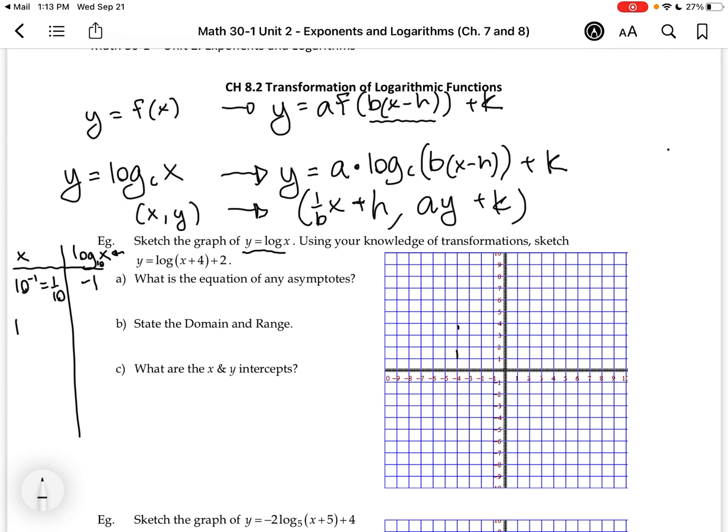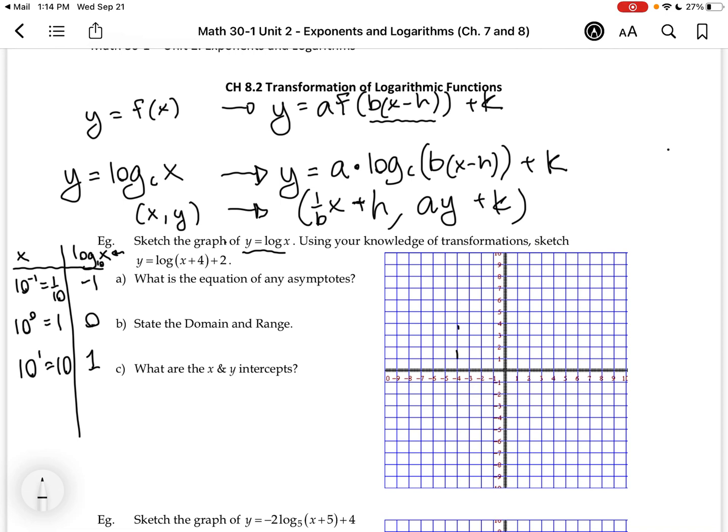If I put in 10 to the 0, which is equal to 1, I'm saying 10 to the what equals 10 to the 0. That is 0. And 10 to the 1, which is 10, I would be saying 10 to the what equals 10 to the 1, and that answer is 1. So when you can input your x values as powers of the base, evaluating the logarithm becomes quite quick.